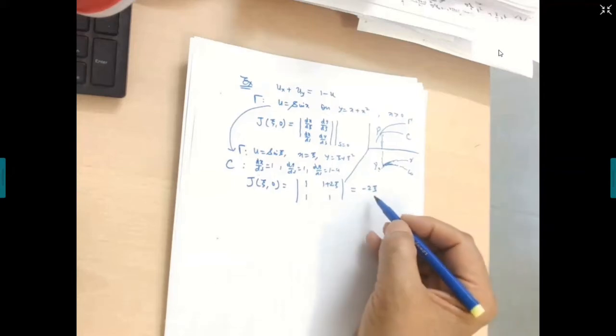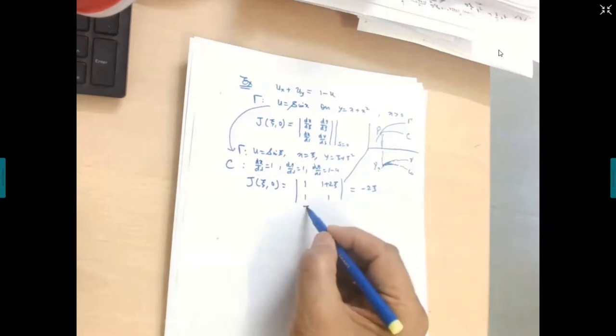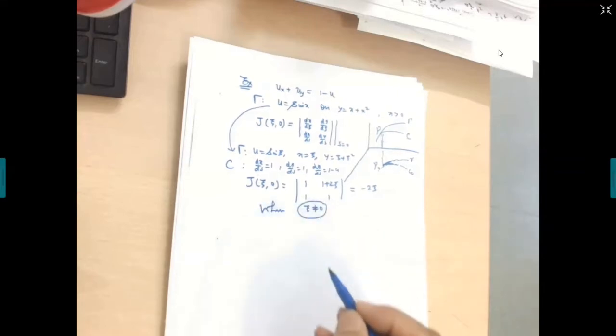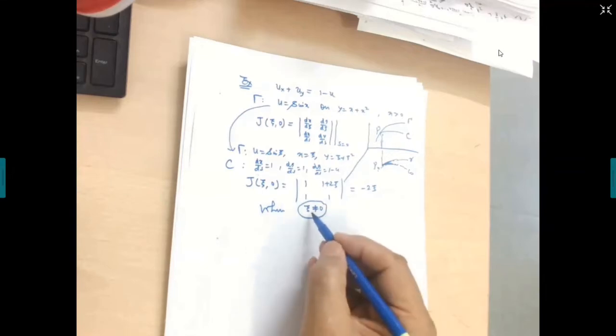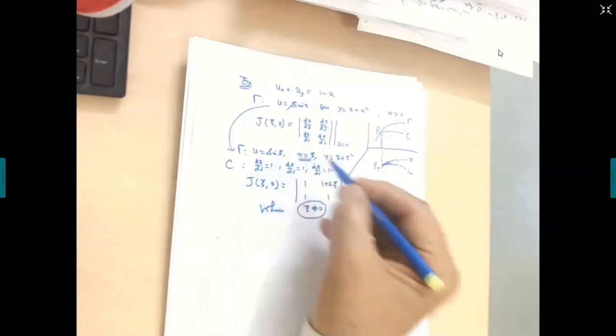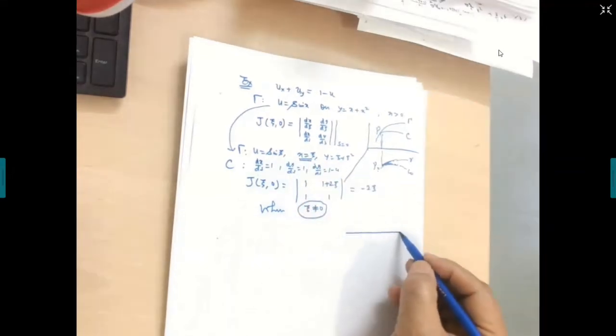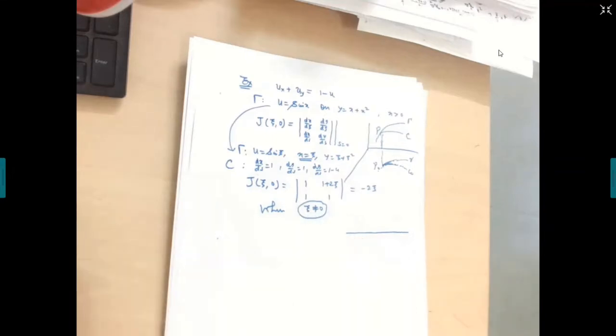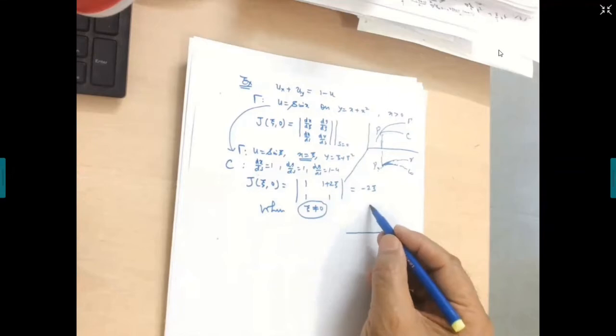Minus 2 xi. What happens when xi is different from 0? A unique solution. And xi is nothing but your x. So when xi is not equal to 0, that is x not equal to 0; on the y-axis, x is 0.